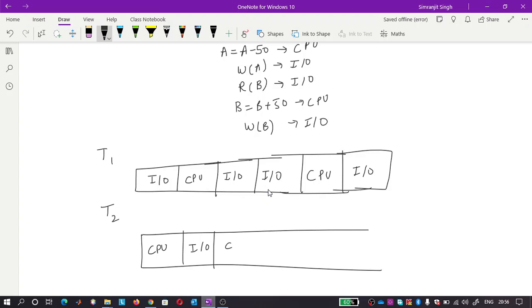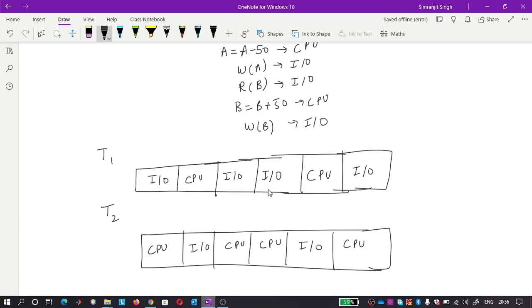If I do that, you're seeing here that the CPU is not sitting idle, and the IO part is also not sitting idle. So this is referred to as 100% usage of IO as well as CPU. This system is the most efficient system you can find, but this is completely hypothetical. You will not find transactions that sit exactly like this.